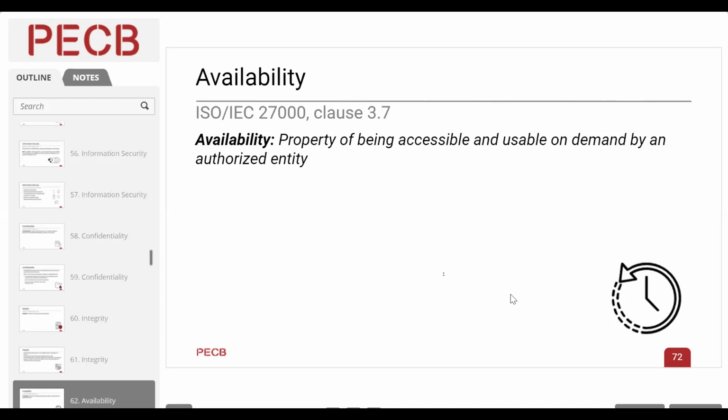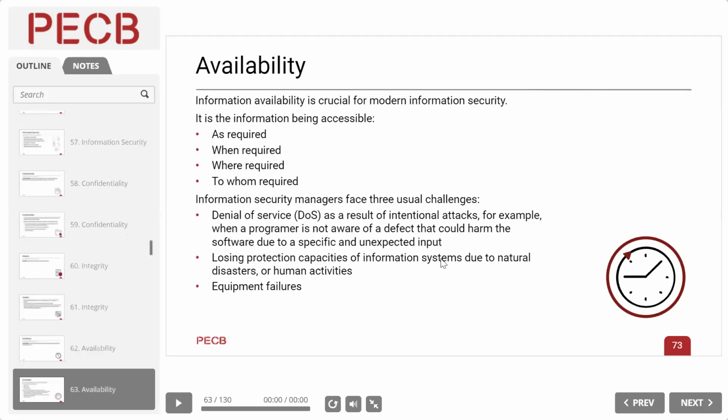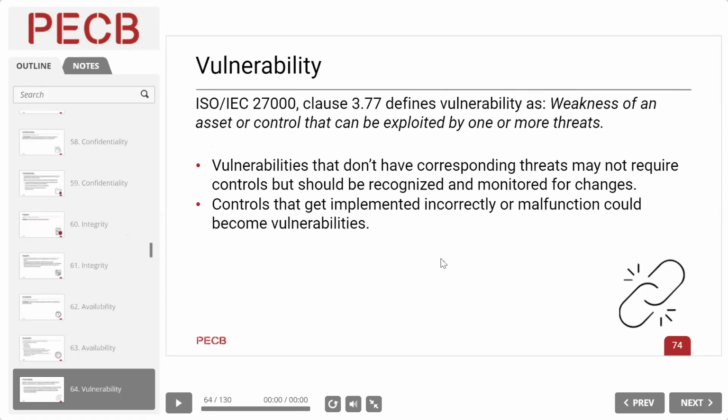So I need to have availability of the person's account to be able to do that. So information must be accessible as required, when required, where required, and to whom required. Those are the things that we need to look at around accessibility and availability.